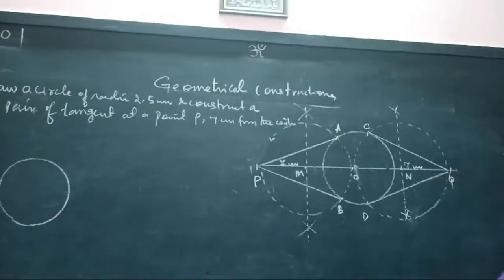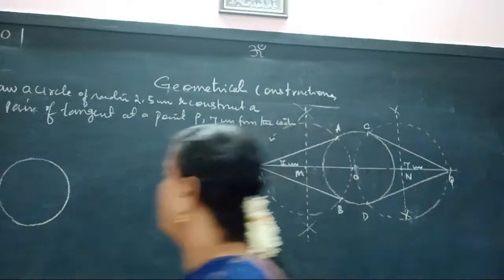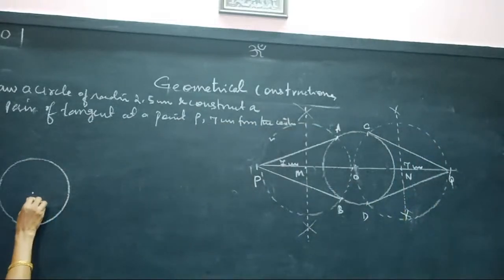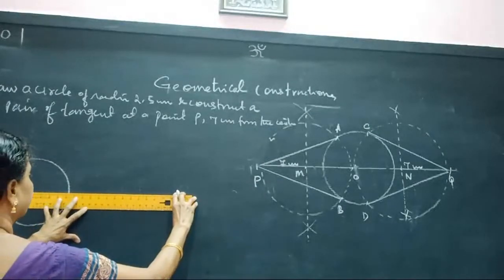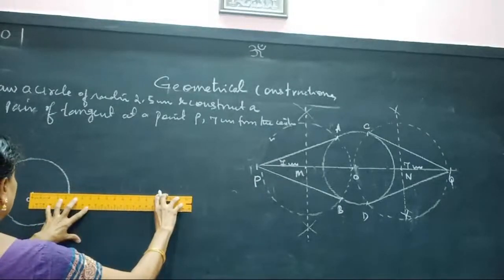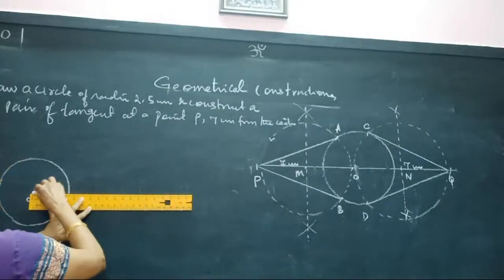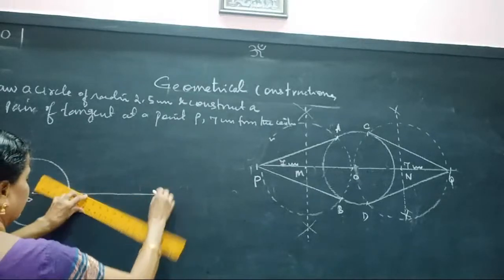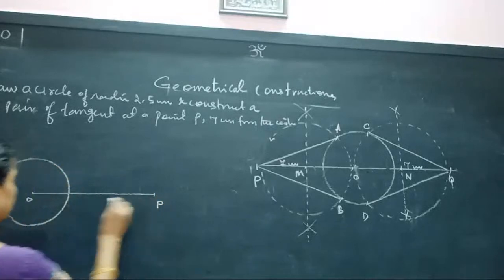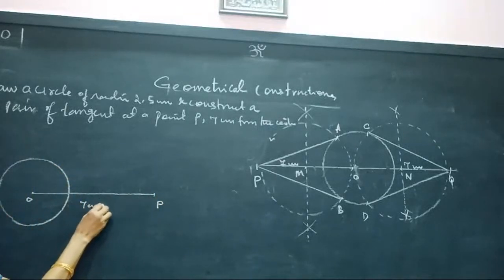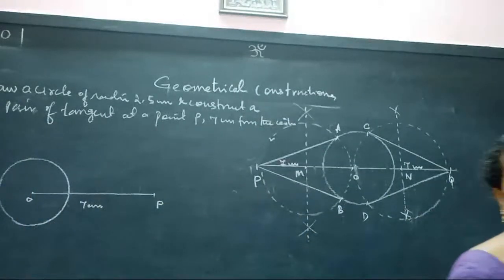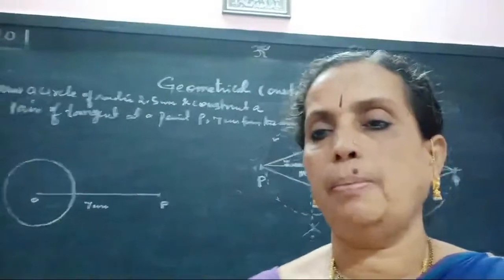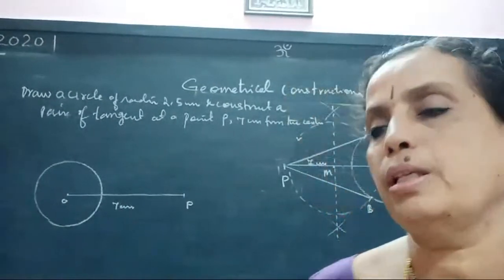Take a point P, 7 centimeter from the center. And you know how to construct the perpendicular bisector. So construct the perpendicular bisector to this.